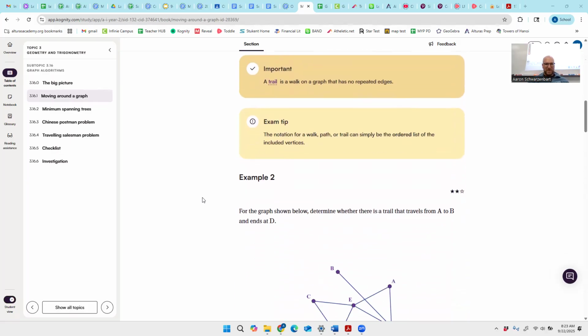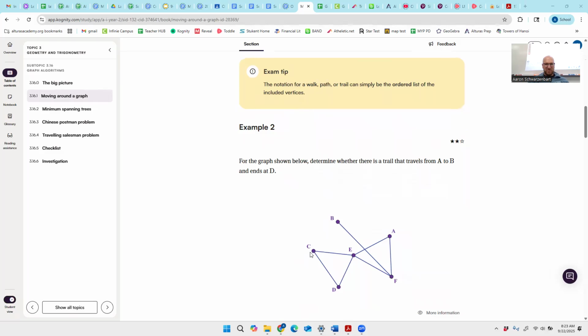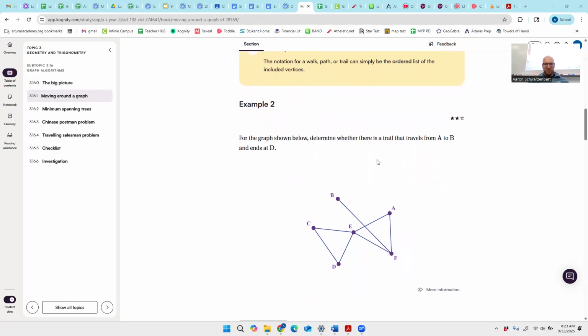For the graph shown below, determine whether there is a trail from A to B that ends at D. The answer is no, because the only way to get to B is from F, and so you'd have to go back if you're going to end anywhere else.